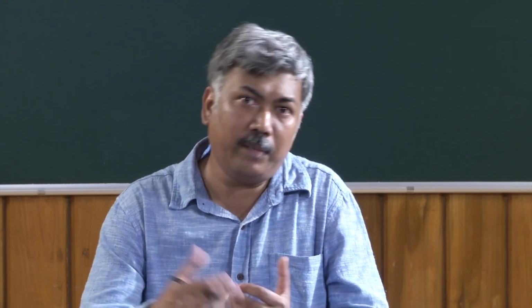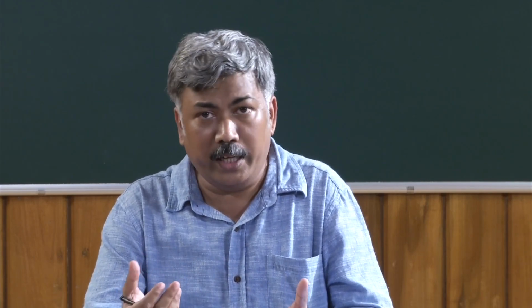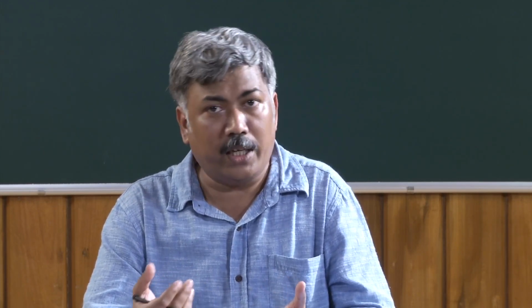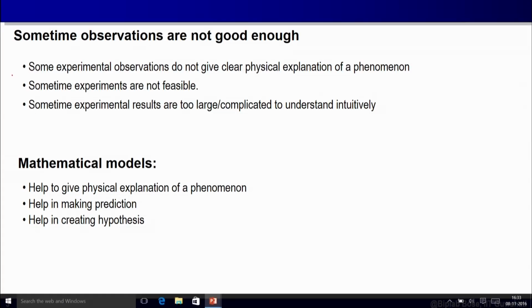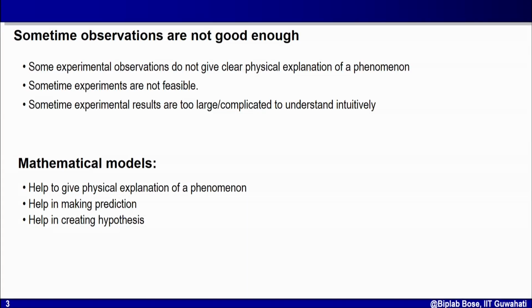Rather, you can make multiple hypotheses, create mathematical models for them, and then test those models and identify which hypothesis is correct, and then go back and design an experiment to check whether what your mathematical model is telling is correct or not. So in essence, I can have limitations of my experiment where my experiments cannot give a clear physical explanation of a phenomena.